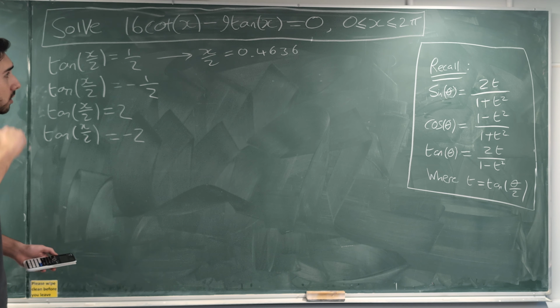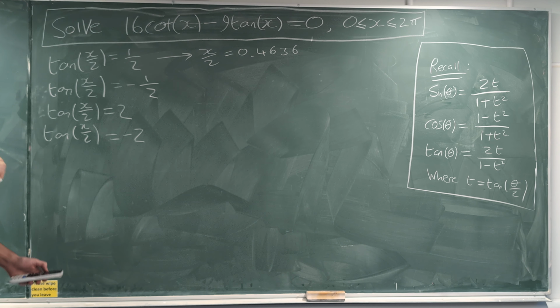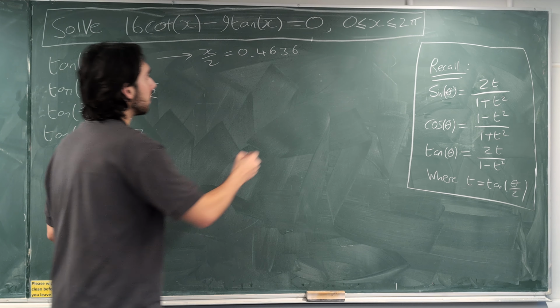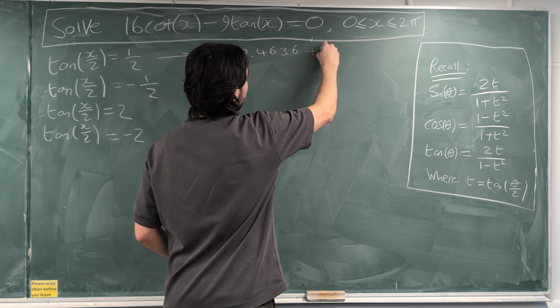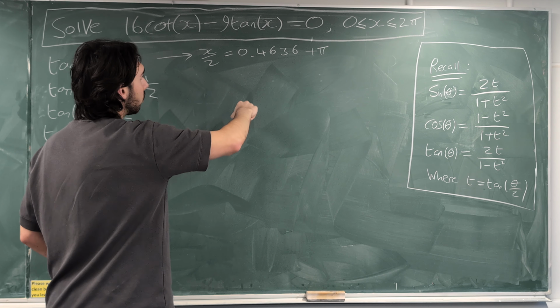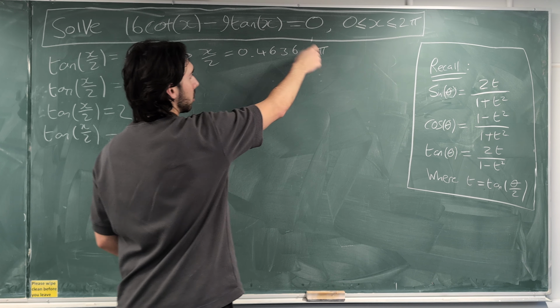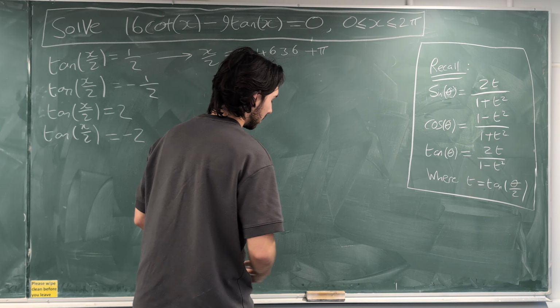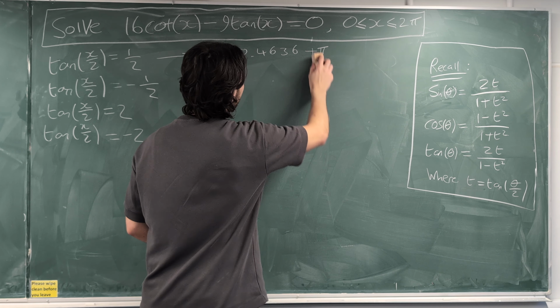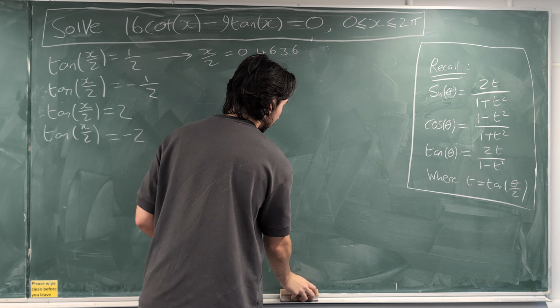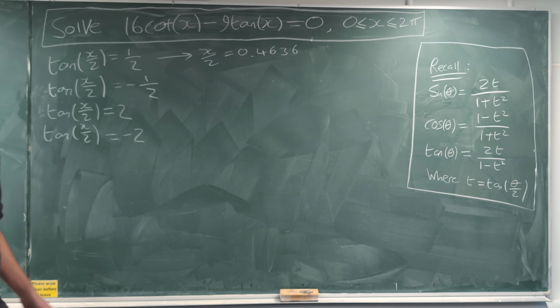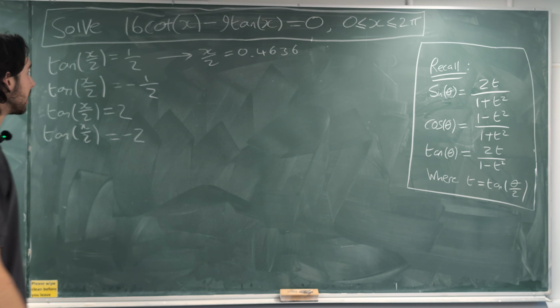Again, we're going to double that later, and with tan, you can add pi to your answer and it will still be a valid answer. However, if we were to add pi to this, when we times this by 2, we'll have a positive number plus 2 pi, so it won't be in the interval. So in this question, every time we get a positive number, we don't need to add anything to it because it won't be in the interval.